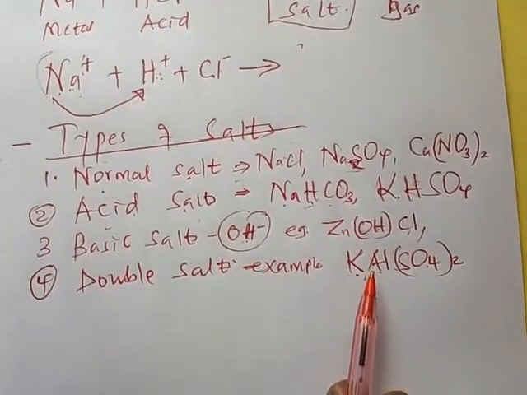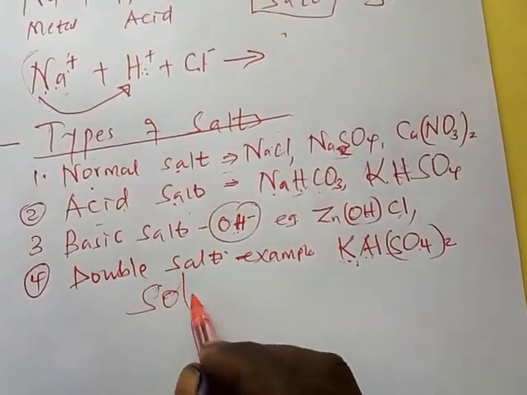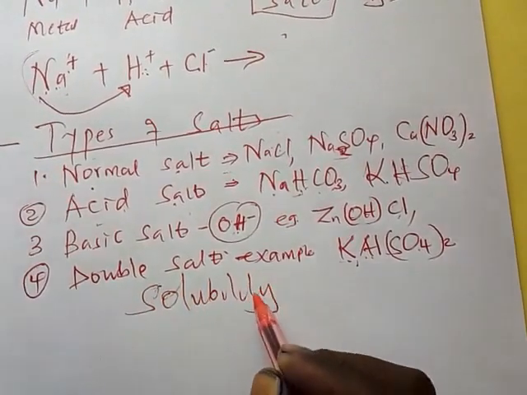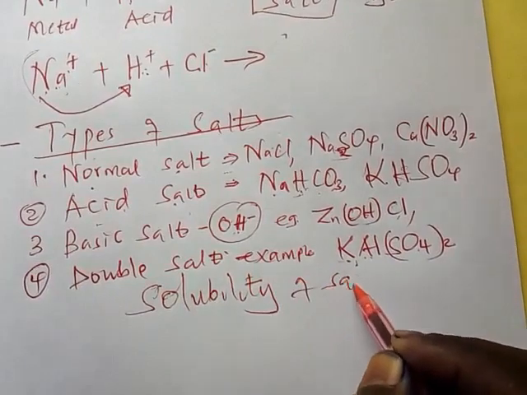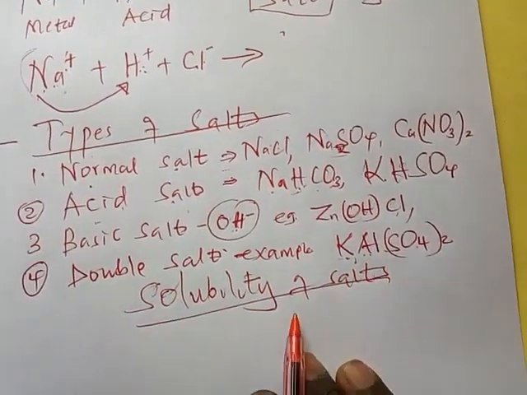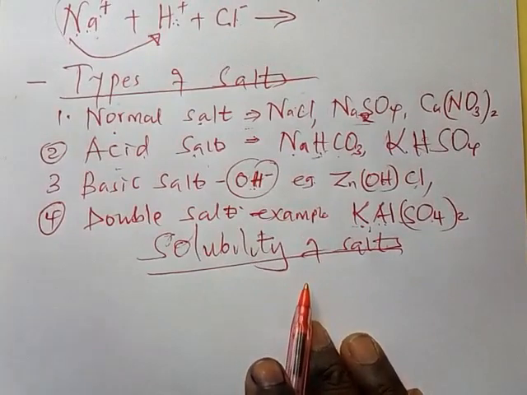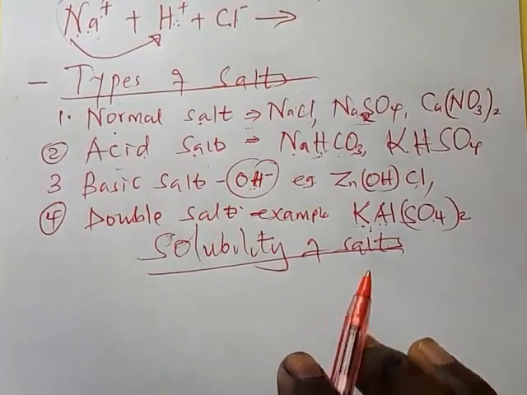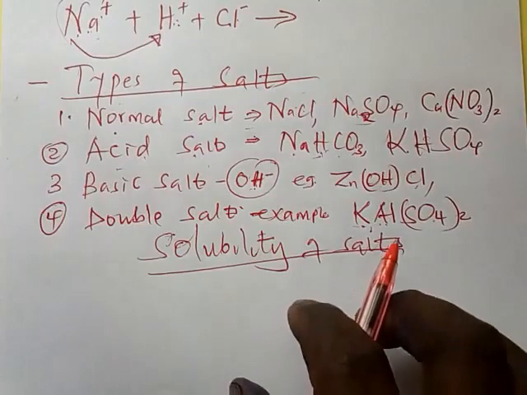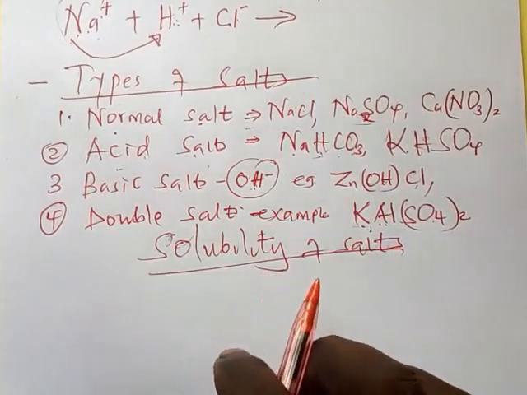The next thing I want to talk about is the solubility of salts. This is where you really need to understand the salts that are soluble in water and the salts which are insoluble in water.